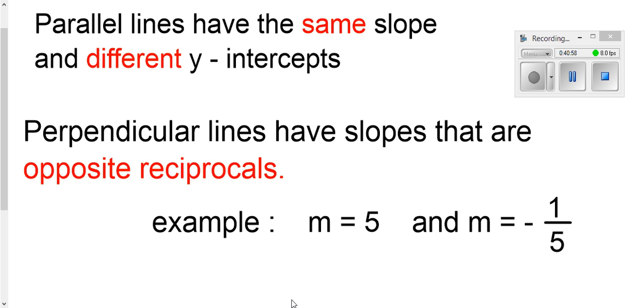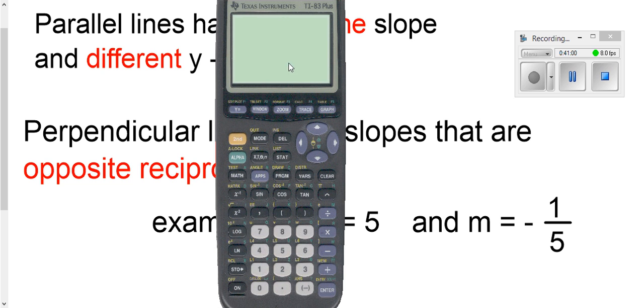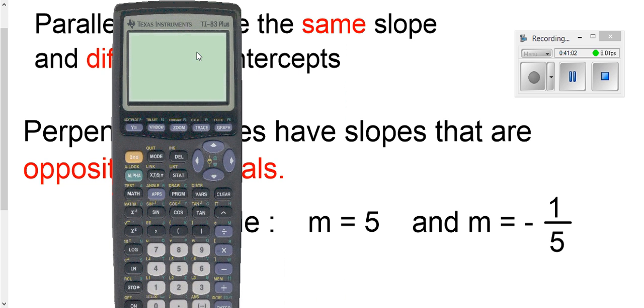Matter of fact, I haven't done that yet, so I'll show it to you with the calculator. Those are negative reciprocals. When I multiply them, if I take 5 times, I'm going to put that fraction in parentheses, negative 1 divided by 5, I get what I'm supposed to, negative 1.